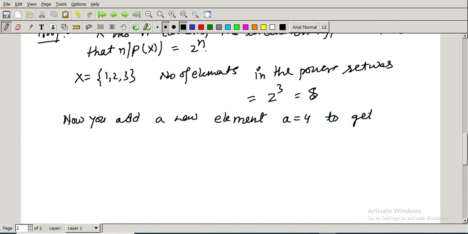To get y, meaning the subset, you have to do a union operation on x, x union a. So your x is 1 2 3, and then you have just added an element a, so it will be 4.